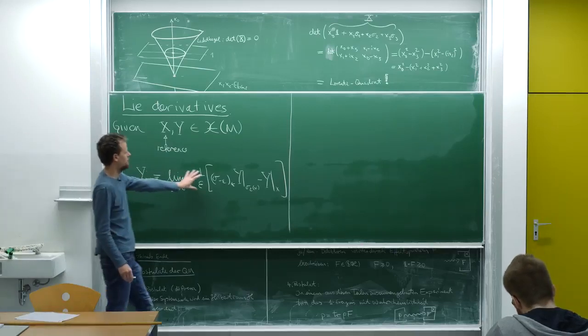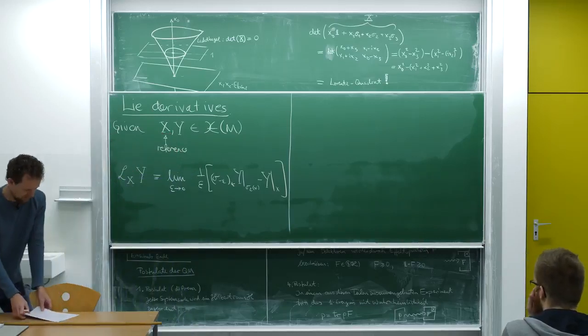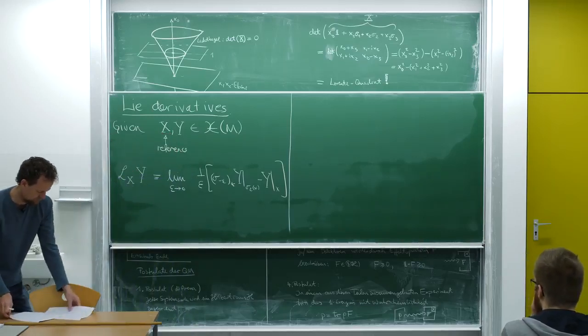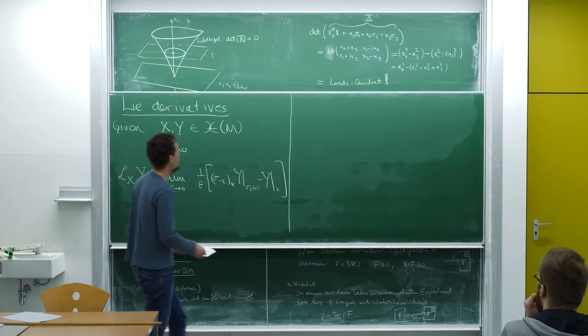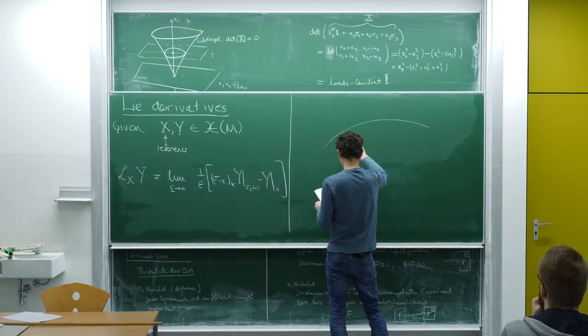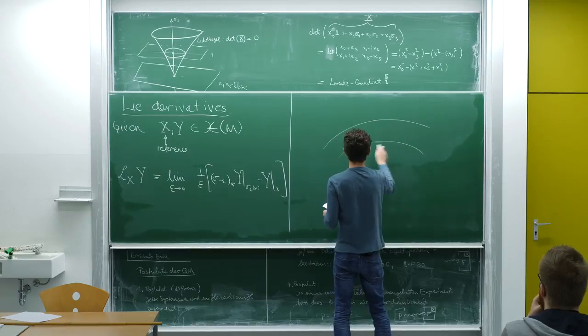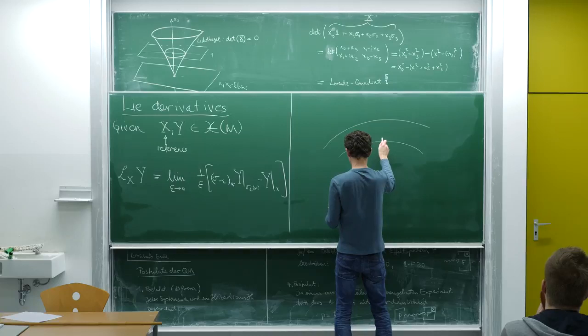So I'll explain it in words, draw a picture, maybe I draw the picture and then explain it in words. The picture we have in mind here is we have some reference vector field, and we have some flows along these vector fields.